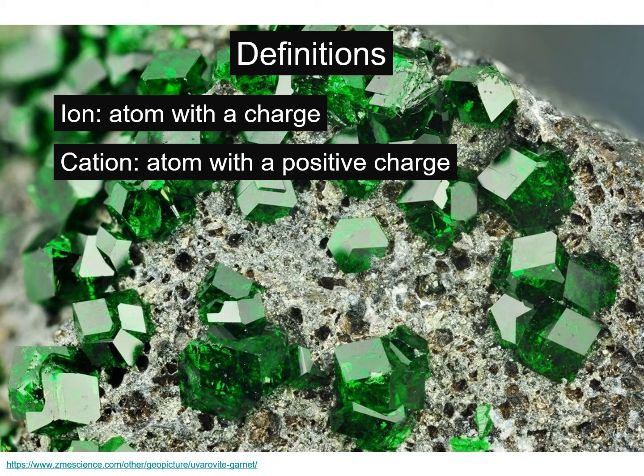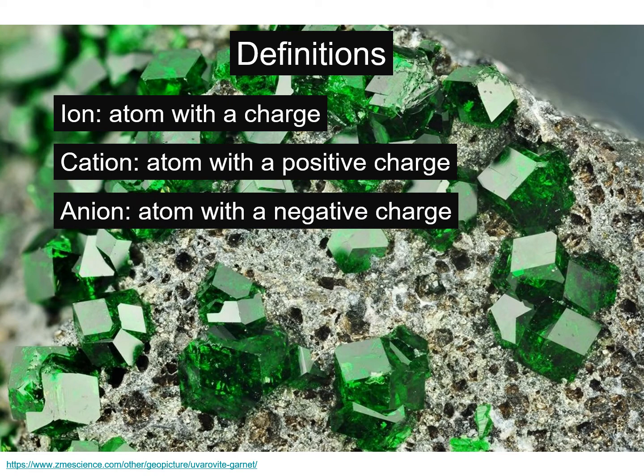If it has a positive charge, we call it a cation. And if it has a negative charge, we call it an anion. Typically we see different metals becoming the cations, and then we have other things that are the anions that bond to them in various ways.